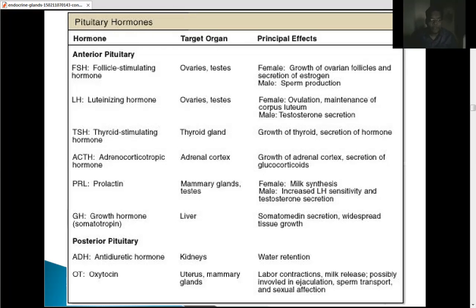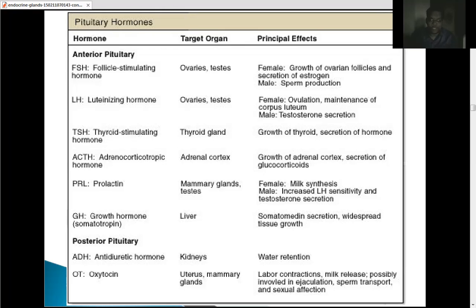Then the posterior pituitary gland. We already discussed ADH, antidiuretic hormone: it reabsorbs water from the kidney tubules so that our body conserves water for future or emergency use. OT, oxytocin, acts on the uterus and mammary gland: labor contraction, milk release, and possibly ejaculation, sperm transport, and sexual affection.